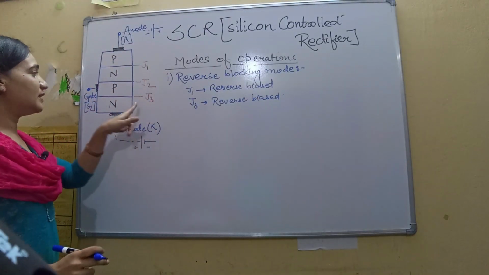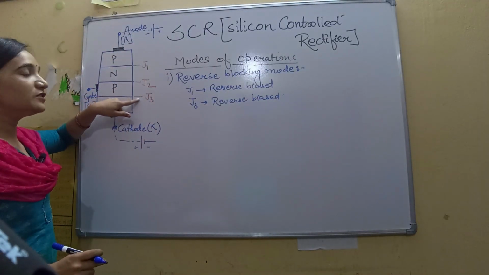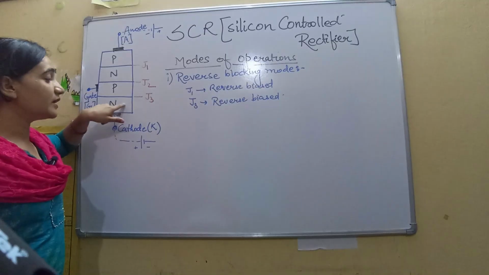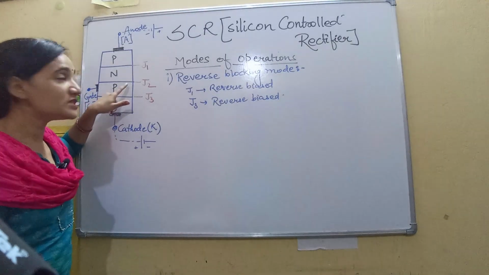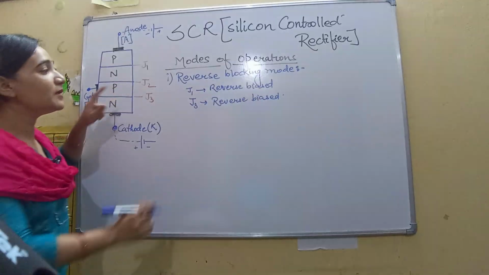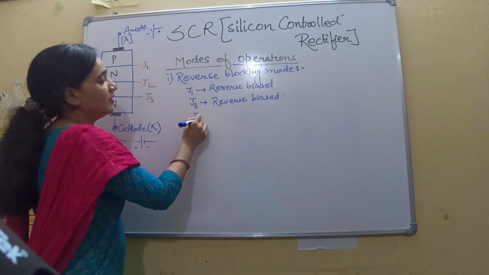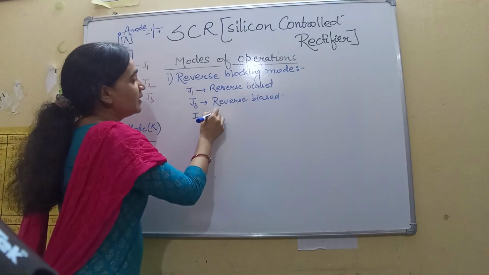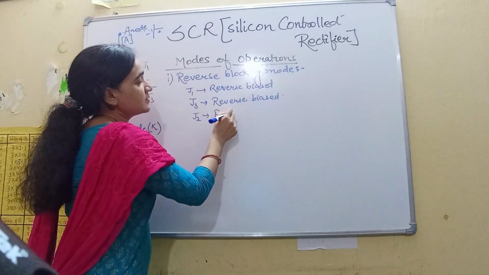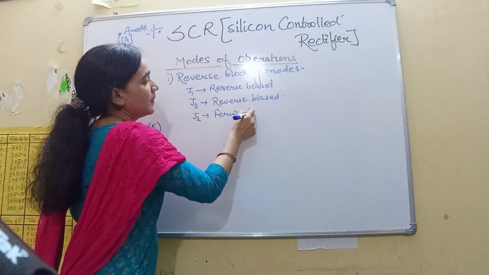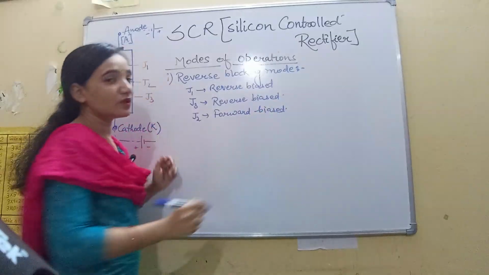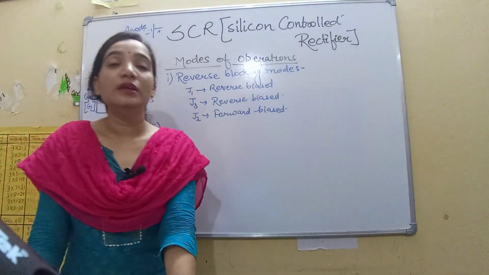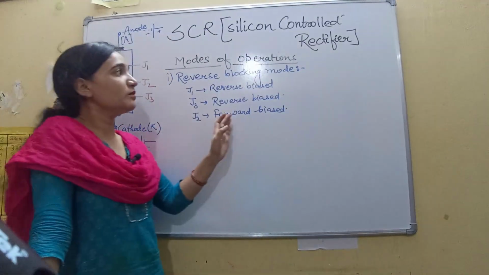Now if this N is connected to the positive terminal, then J2, if we see J2, it will be in forward bias. So this is the reverse blocking mode.